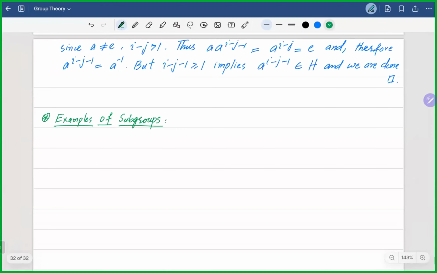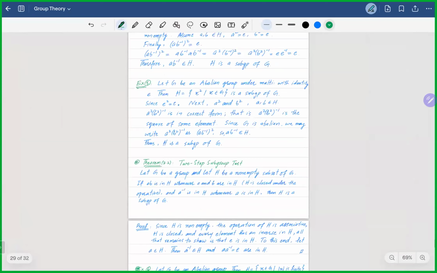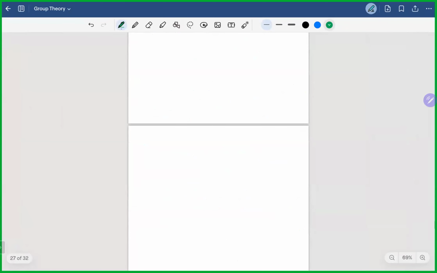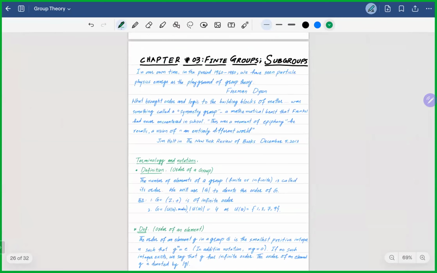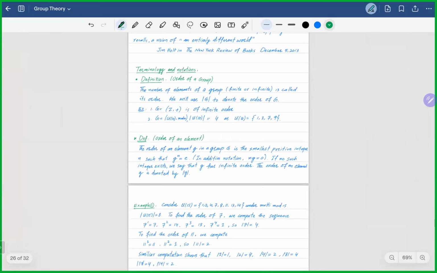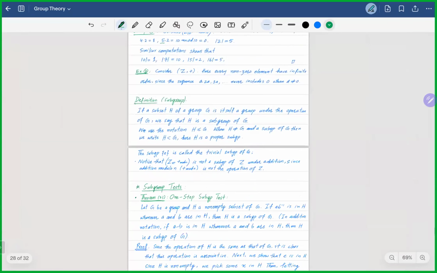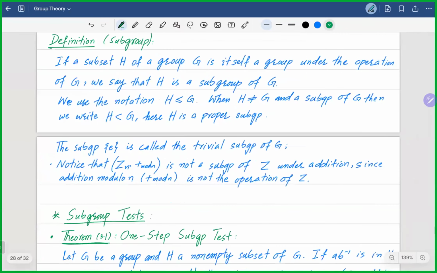So, in the last lecture, we talked about subgroups, how we define subgroups, and what the conditions are. We defined the order of a group and the order of an element, then presented a few examples, and then gave the definition of a subgroup.